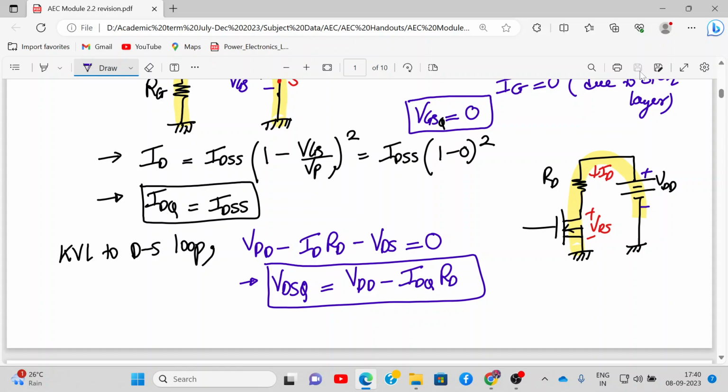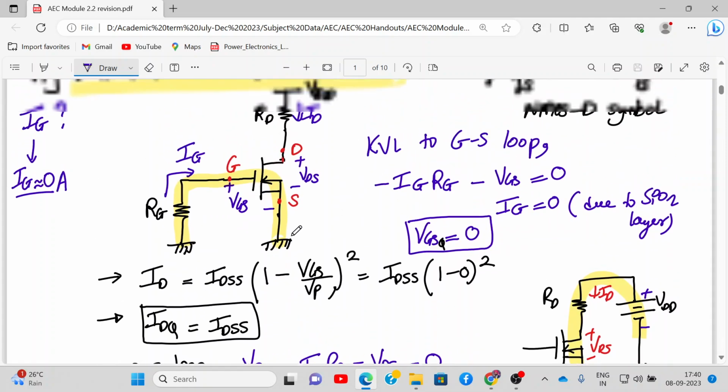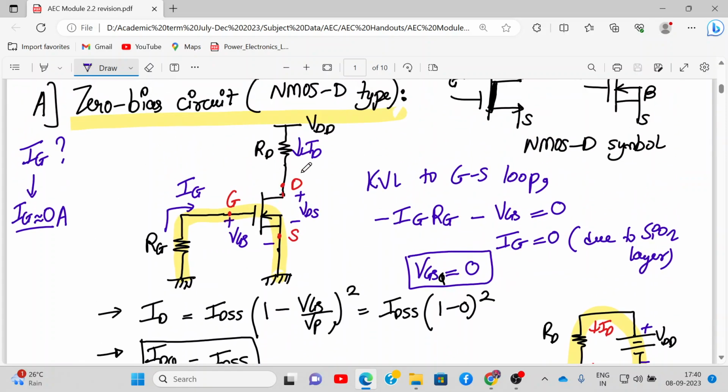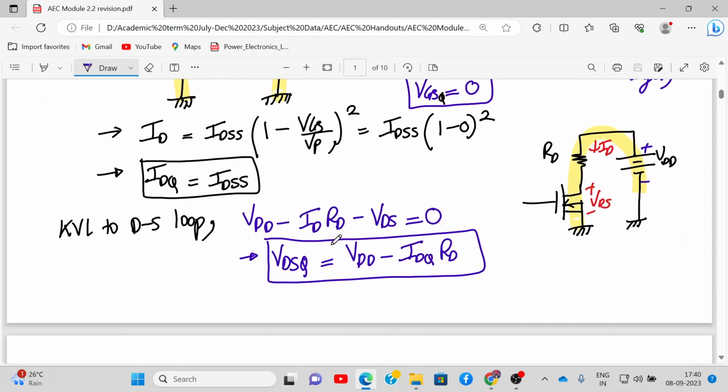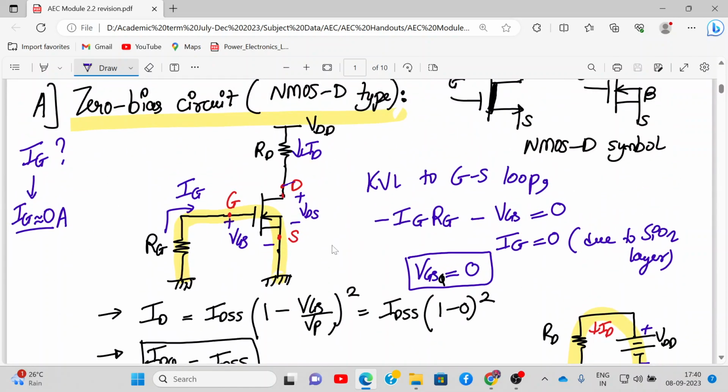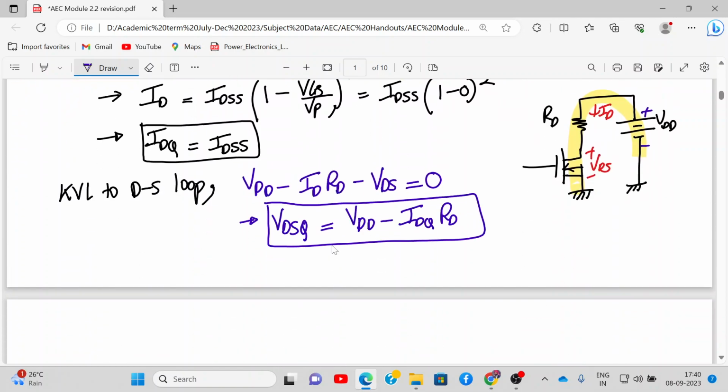Yes, sir. Okay, great. And if someone tells you to find the value of VD, what is the VD voltage? It will be again VDD minus ID RD because the source voltage is 0. So VDS is actually equal to the VD voltage also.